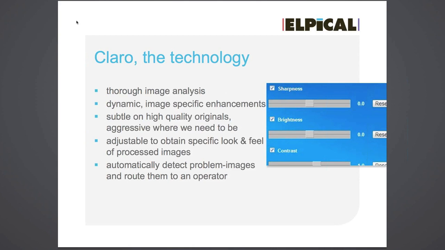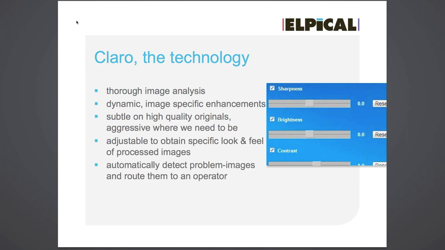All aspects of the image are taken into account. So the analysis is performed on pixel data, but also on metadata, such as EXIF information or other metadata that can be contained in the image. The optimization is a dynamic optimization as a result of that analysis.